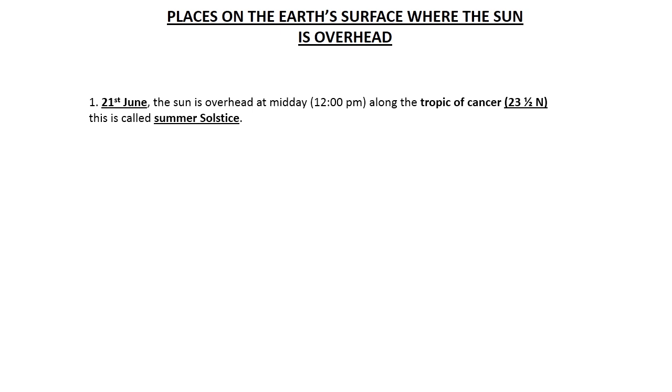This is called summer solstice. So the sun is overhead around 12 hours in the northern hemisphere. That's the Tropic of Cancer, northern hemisphere, 23 and a half degrees north.